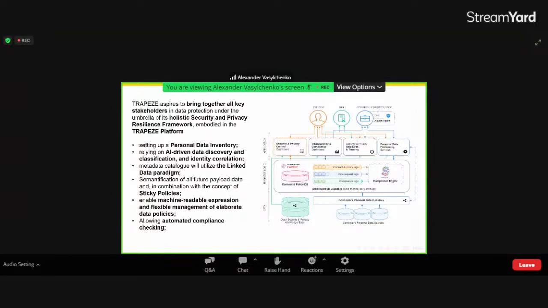So we basically discover data and the policy attached to them, the policy and the name or type of the data we store in the consent and policy database, which is realized in the Hyperledger Fabric.